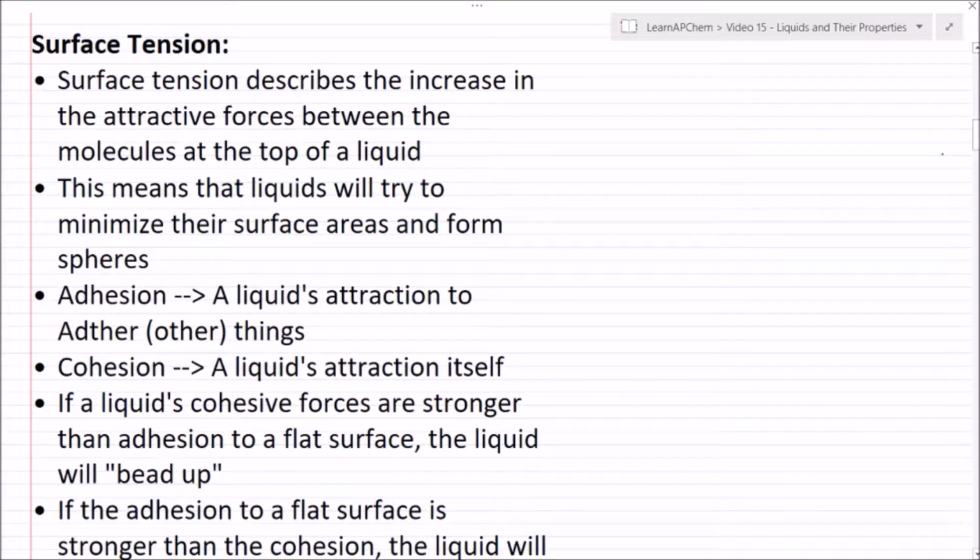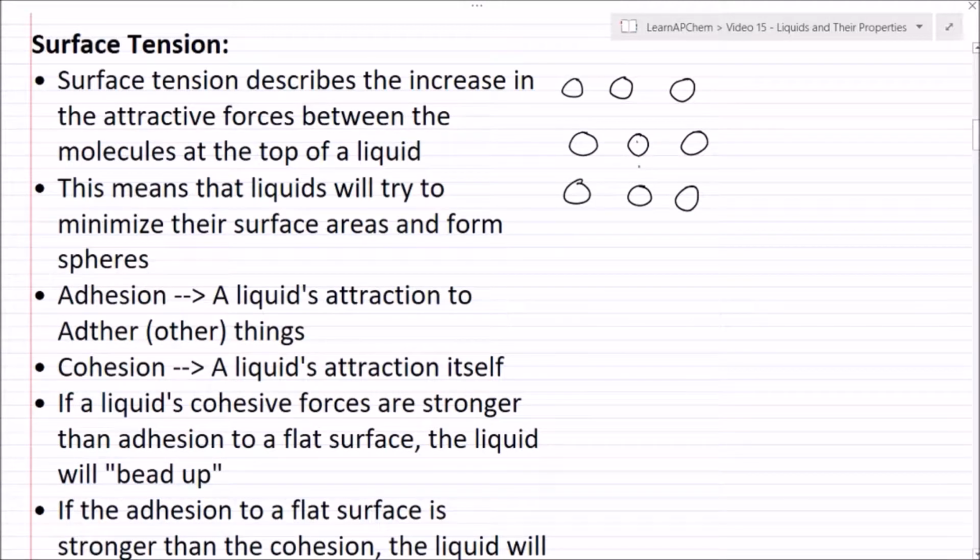Alright, so let's start by talking about surface tension. Now, surface tension describes the increase in the attractive forces between the molecules at the top of a liquid. This is sort of confusing to think about, but it makes sense if we draw a picture. Let's say we have our atoms of a liquid here, and these are being held together by IMFs.